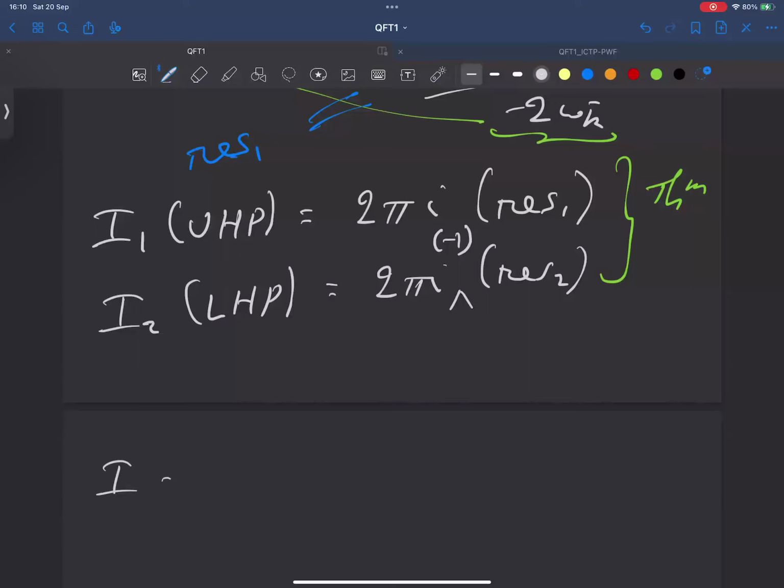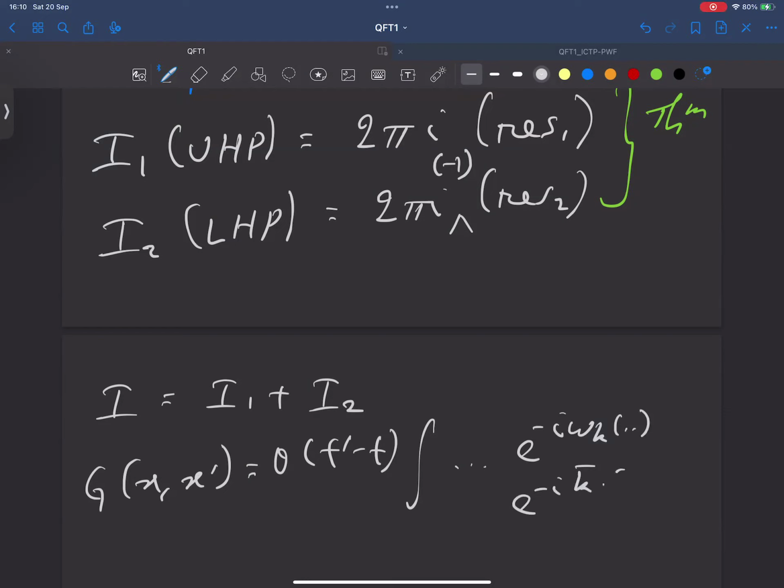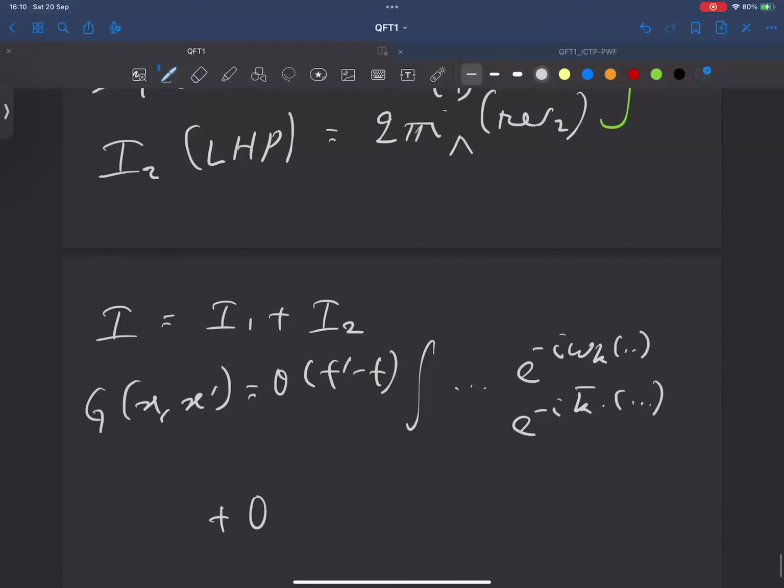And finally, when you write I as I1 plus I2, you get that this G(x, x prime) becomes theta(t prime minus t) times an integral of e to the power minus i omega_k something times e to the power minus i k times something, plus theta(t minus t prime), again an integral of e to the power plus i omega_k and e to the power minus i k.